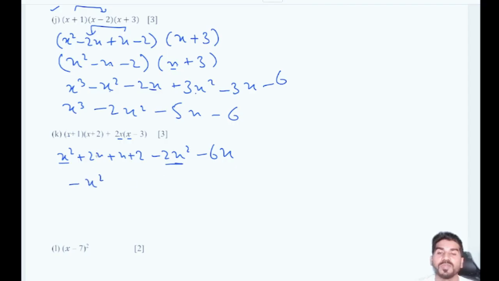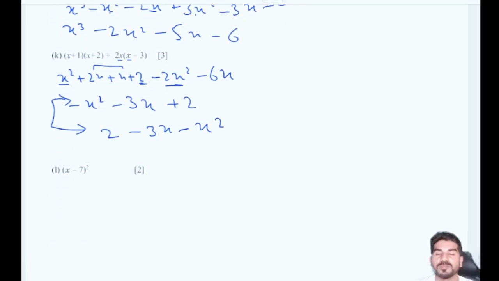Negative x plus negative 2x, it will be negative 3x, and negative 6x, it will be negative. Then there is positive here, so plus 2. So this is the simplified form of this expression. You can also write it as 2 minus 3x. The other two, same expression.